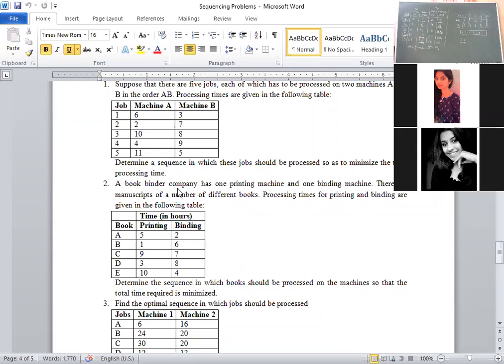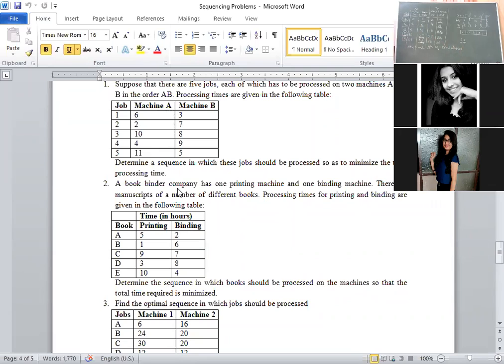Idle time for machine A is equivalent to the total elapsed time minus the time when the last job is out of machine A.